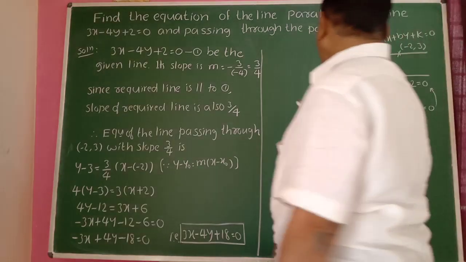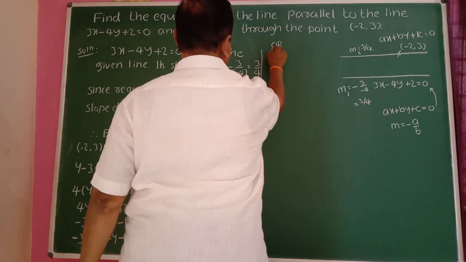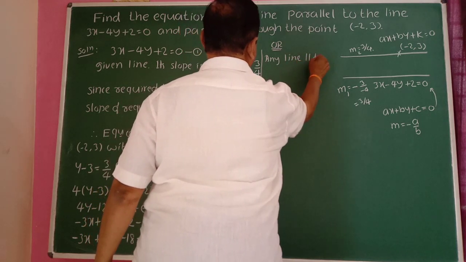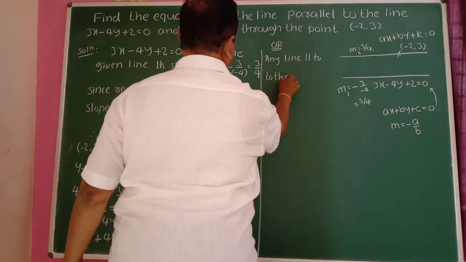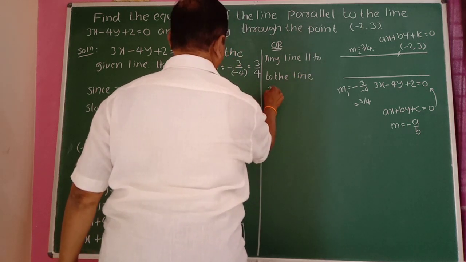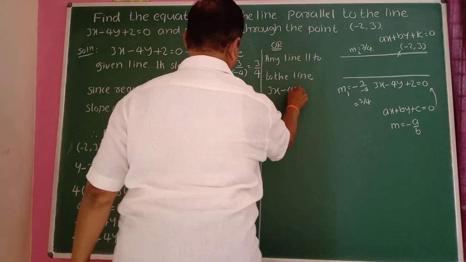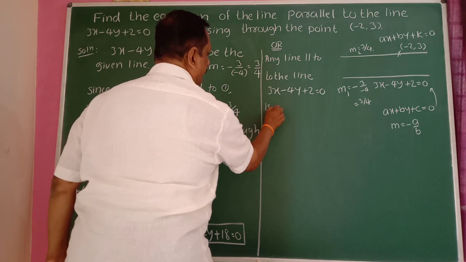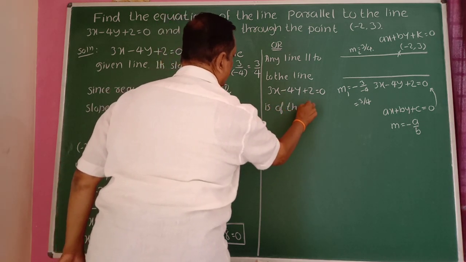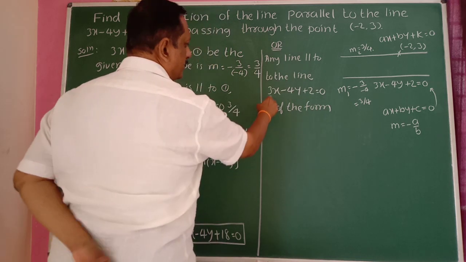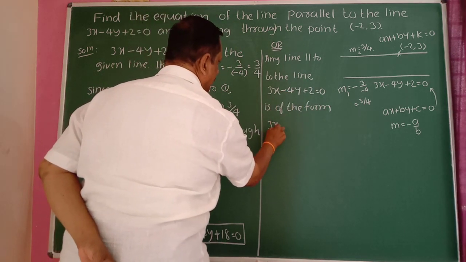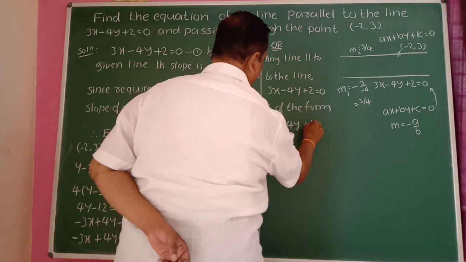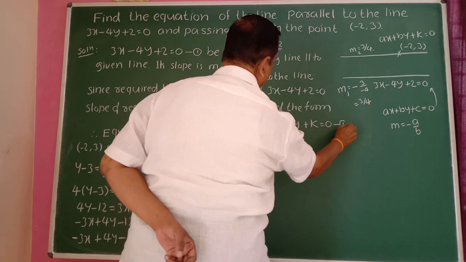Therefore, any line parallel to the line 3x minus 4y plus 2 is equal to 0 is of the form 3x minus 4y, keep as it is, and instead of plus 2 take plus k is equal to 0. Take this as equation number 1.